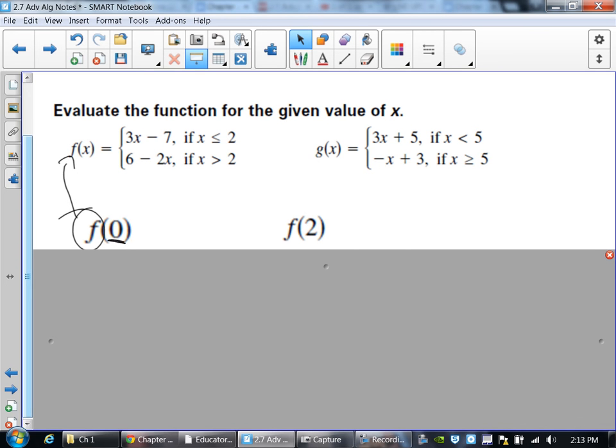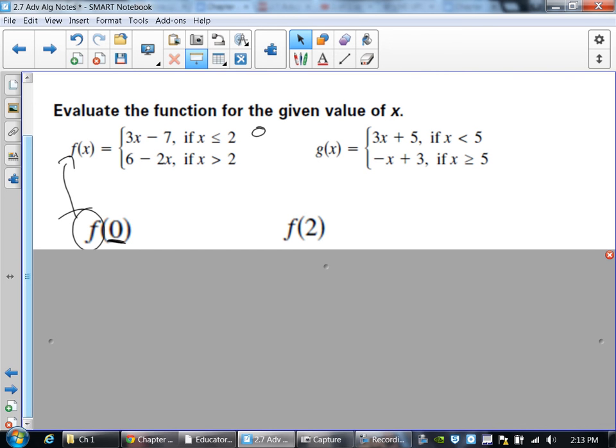This says, pick one. Which one are you going to pick? It's telling you that you're trying to find f of 0. So you are using the domain value of 0 to figure out what the y value is, the range value. You need to choose which one of these 0 goes into. Is it going to be less than or equal to 2 or greater than 2? Which equation do you use?